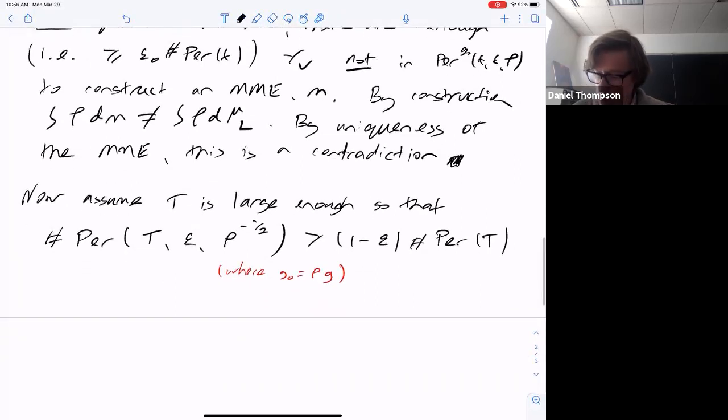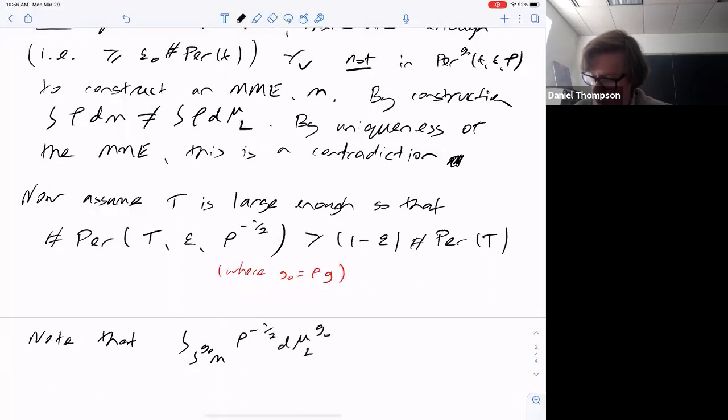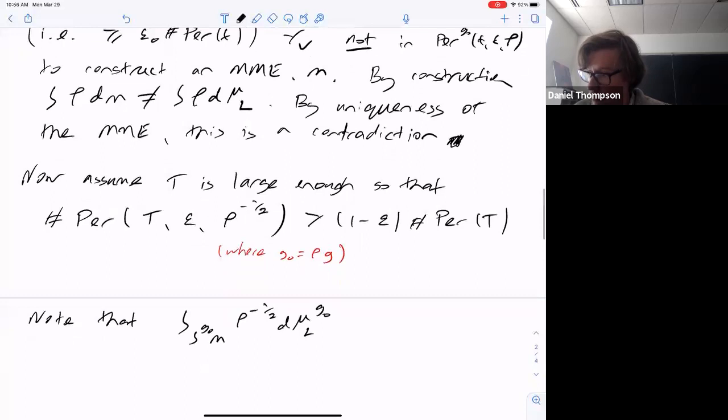Okay, so a couple of things to recall. Note that the integral over the unit tangent bundle with respect to g0 of rho to the minus 1/2 d mu_L g0 equals the integral over M of rho to the minus 1/2 dm g0.